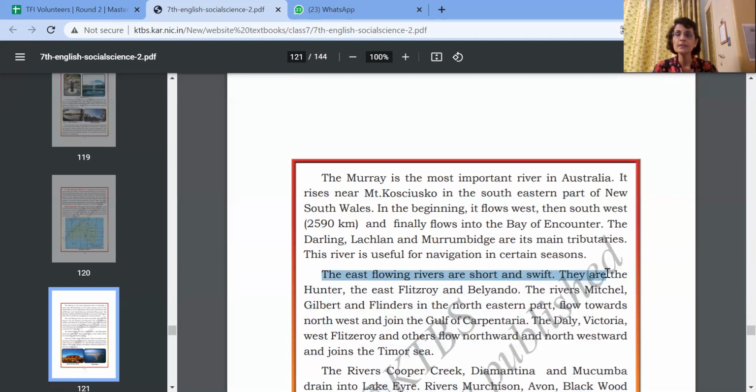Short and swift means short, you know what is short, and swift is very fast, because they're coming from a height and they come down very fast and quickly go into the lake and end. So these are the examples of the east flowing rivers: the Hunter, the East Fitzroy, and the Belando.